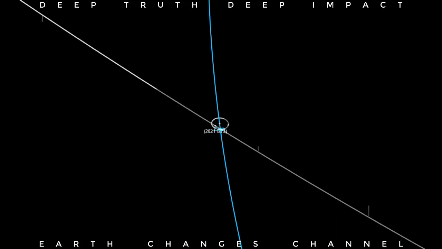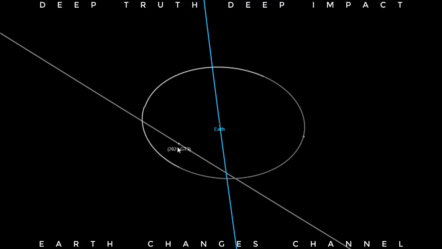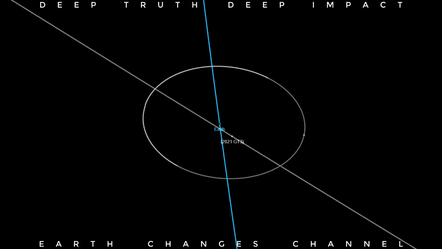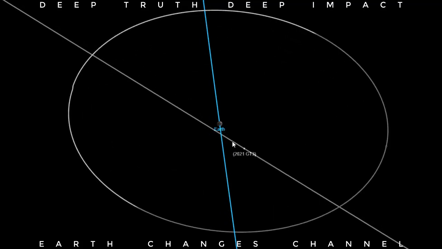Okay, now let's look at it. That's about 0.7. You see, if you change the angle, that is not, okay? That would be, if it was coming in in a different angle, I would be concerned about the debris field. That is approximately 0.4 lunar distance.